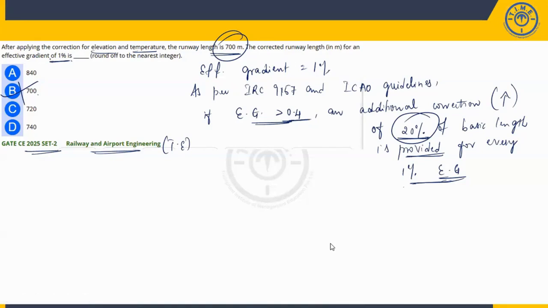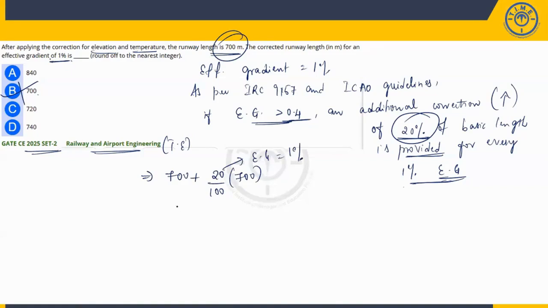Very good, Tangavini. What about others? So the basic runway length is 700 plus 20 by 100 of the basic runway length, because the effective gradient is 1%.